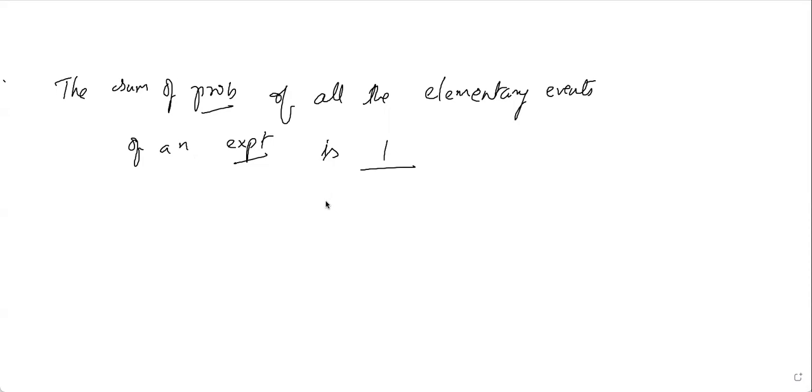We have discussed this earlier also. So the probability of event E plus the probability of event not E is equal to 1.